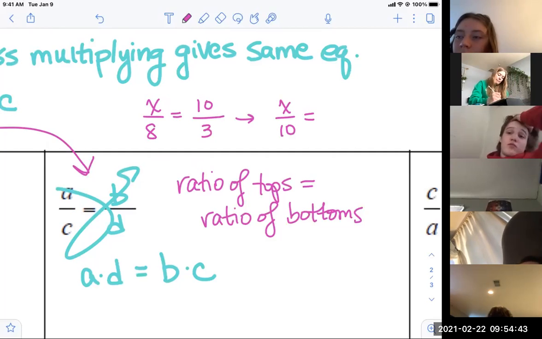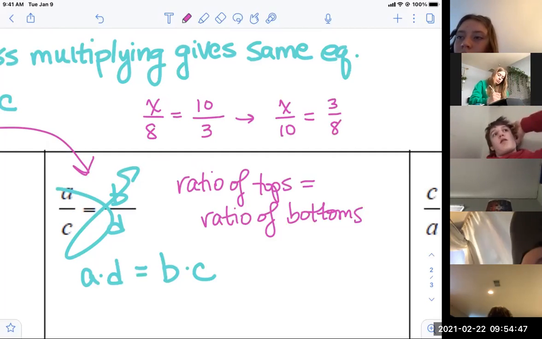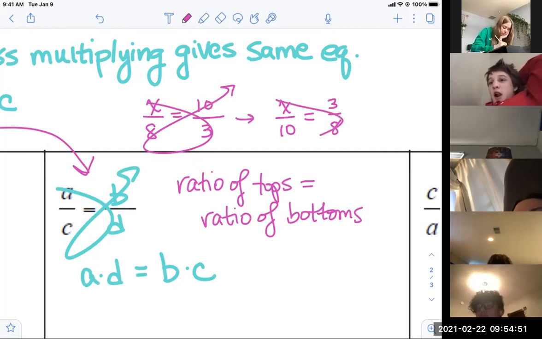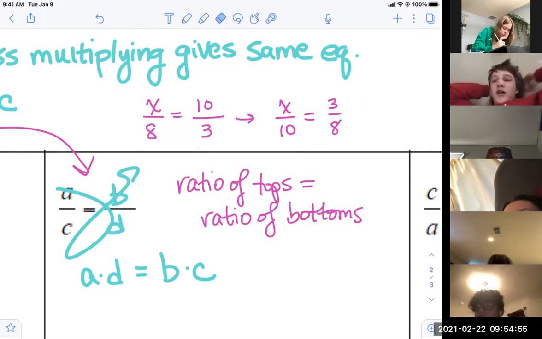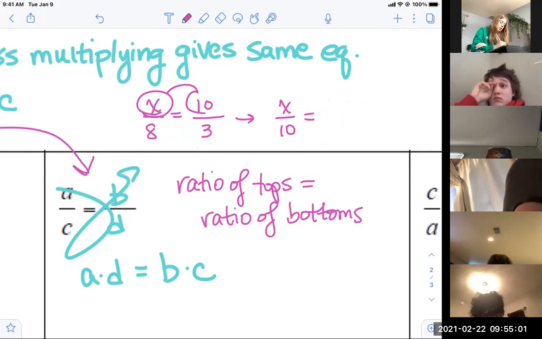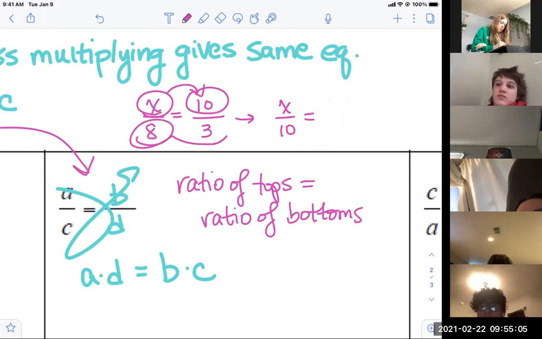Three over 8. So when I cross multiply that, do I get the same thing? This is 3x equals 80, and this is 8x equals 30. No, it should be 8 over 3. When you compare x to 10, you have to go in the same order on the bottom, 8 to 3. That's the only way that you're going to get the cross products being the same.